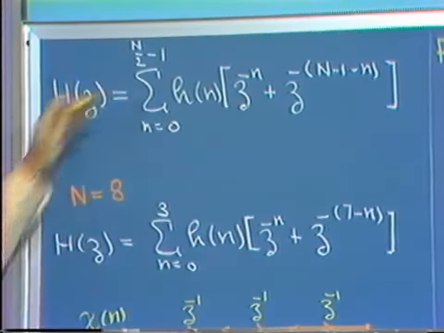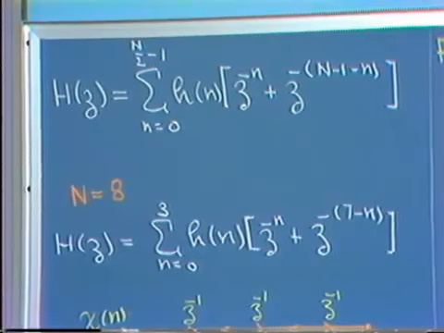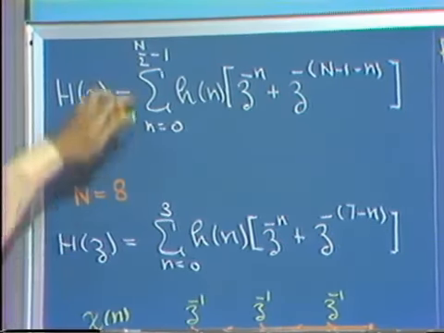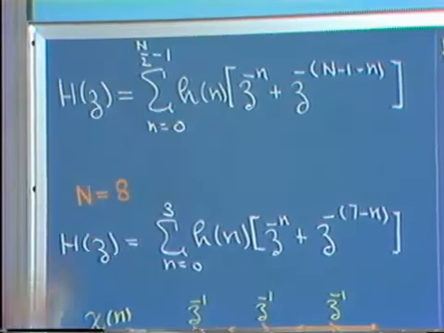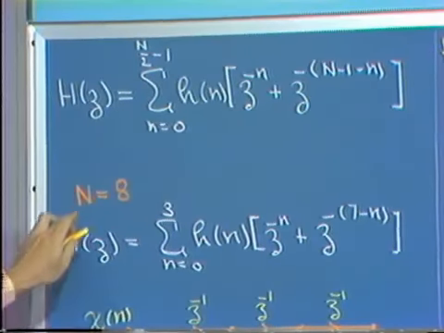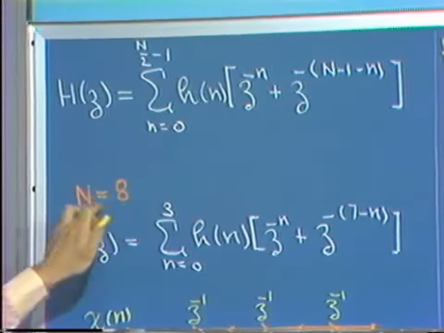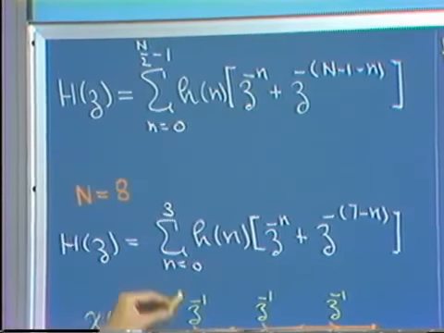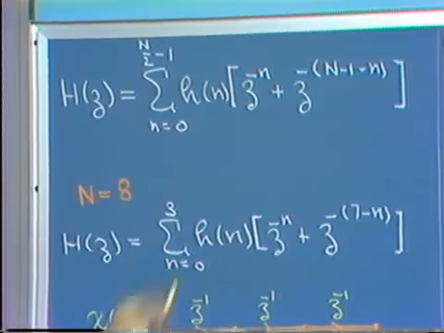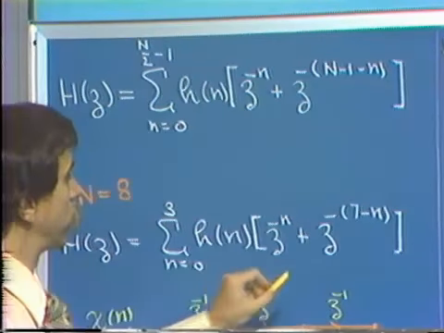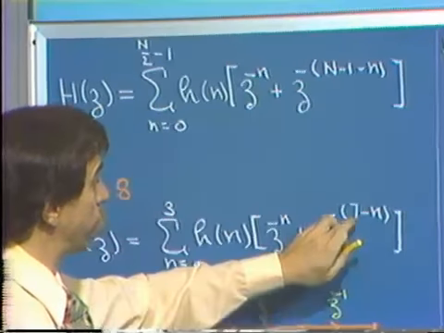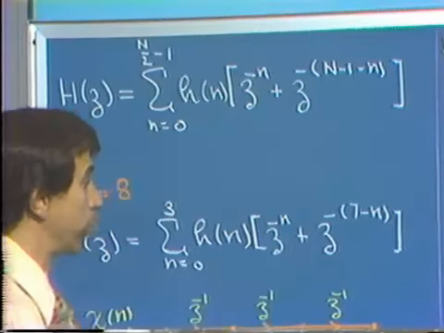I had assumed that capital N was even, so let's choose as an example capital N equal to 8, in which case this expression becomes a sum from n equals 0 to 3, h of n, z to the minus n plus z to the minus 7 minus n.